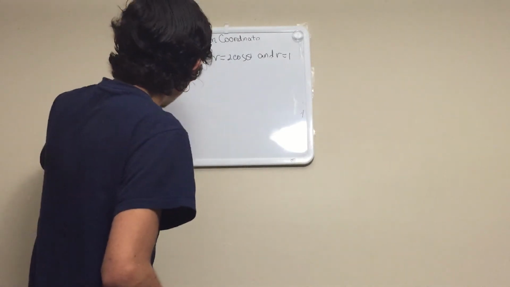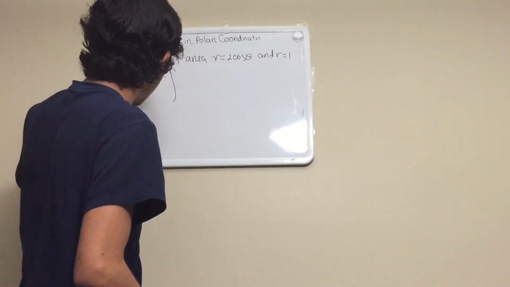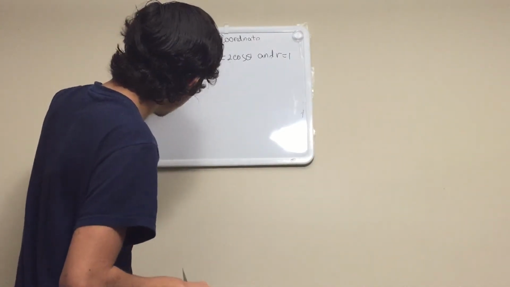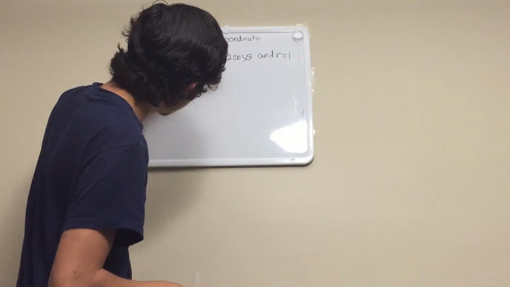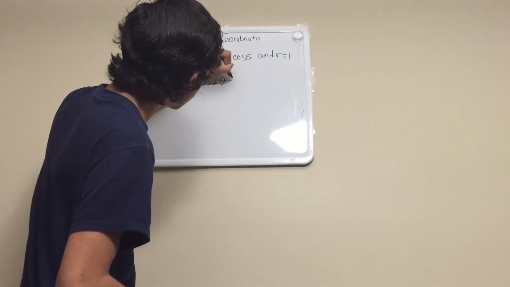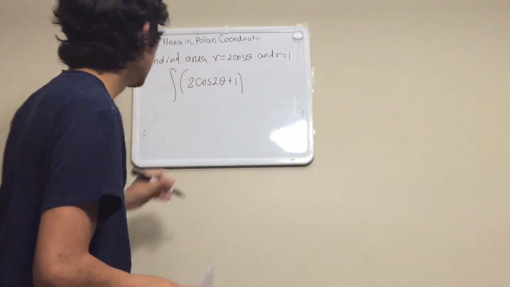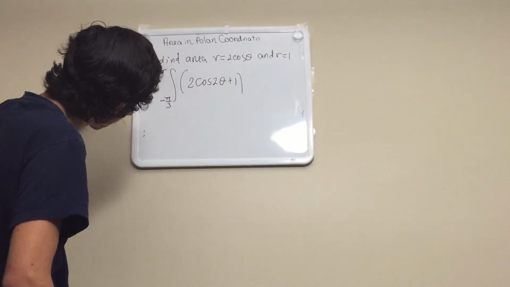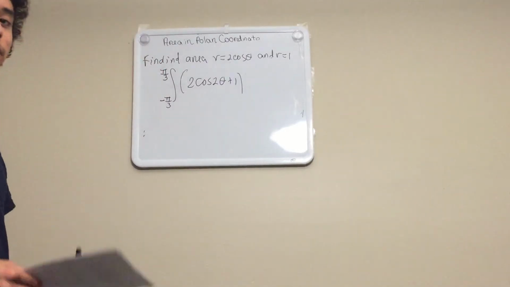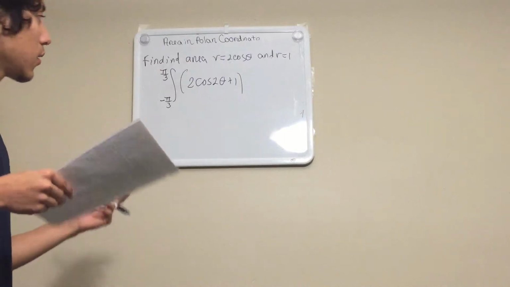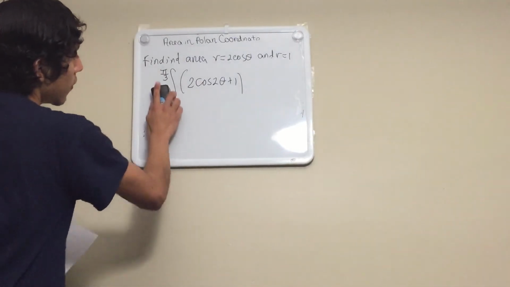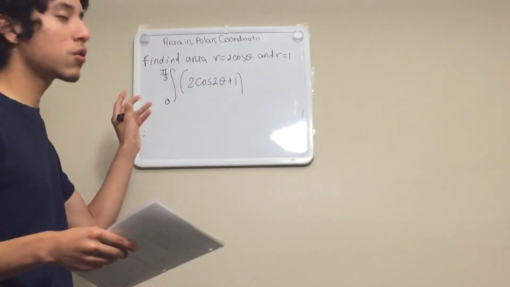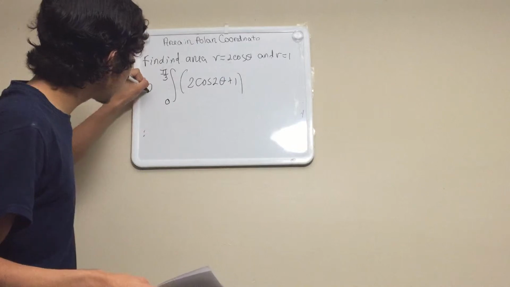Okay, so we had 2 cosine 2 theta plus 1, and our integral was from negative pi over 3 to pi over 3. Actually, we're going to do that from 0, because since it was two sides, we multiply that by 2.